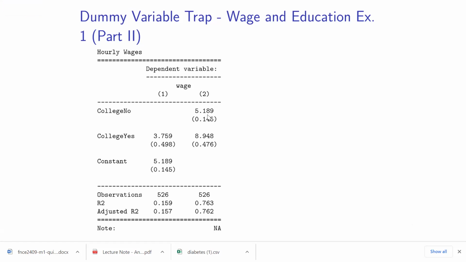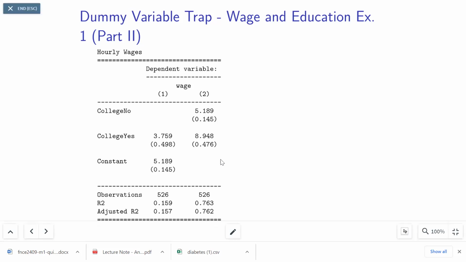These numbers correspond to what we have seen in the summary statistics in the previous slide. The difference between showing the mean wages of each category of workers in the regression outputs versus summary statistics is that in the summary statistics, you cannot test the statistical significance of having a college degree, but now you can by dividing the estimated beta by the standard error of this beta.